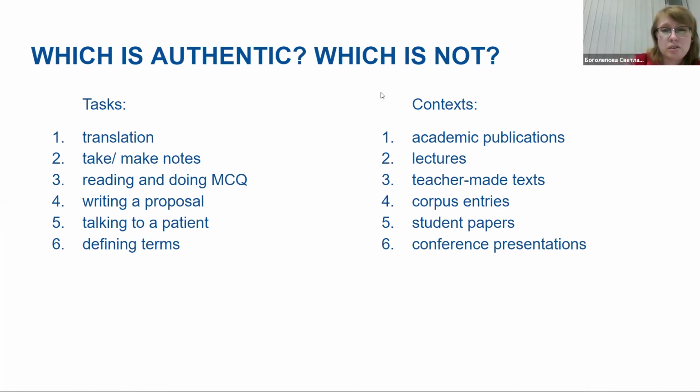Yeah, and the rest will depend on the specialization we teach, because sometimes writing a proposal is what they really need, because they, in business, for example, they need to propose something, and to get financing for that.